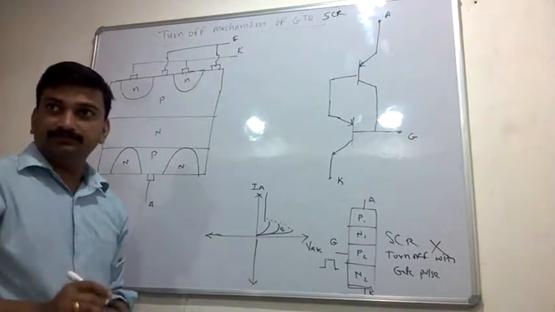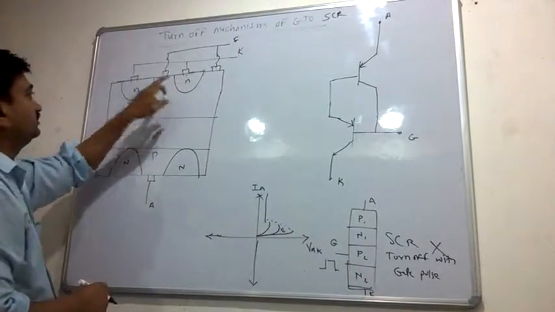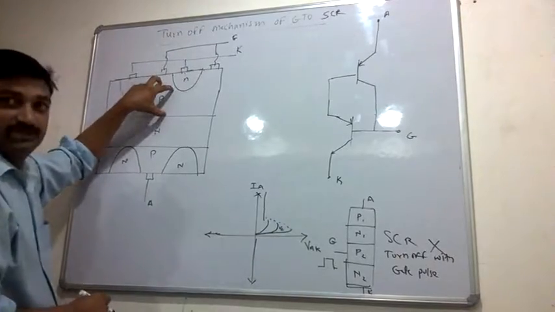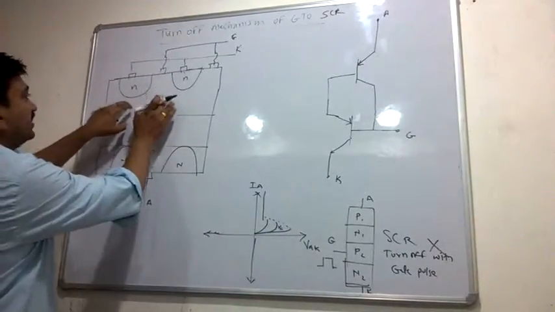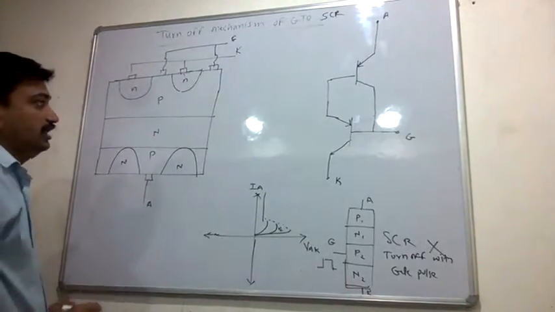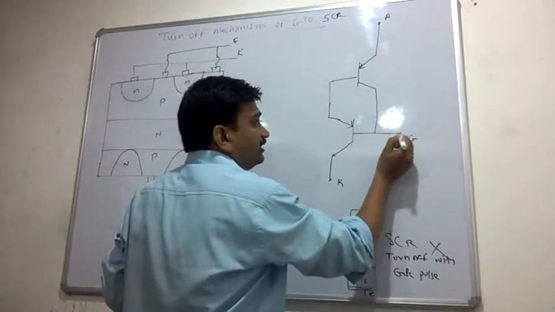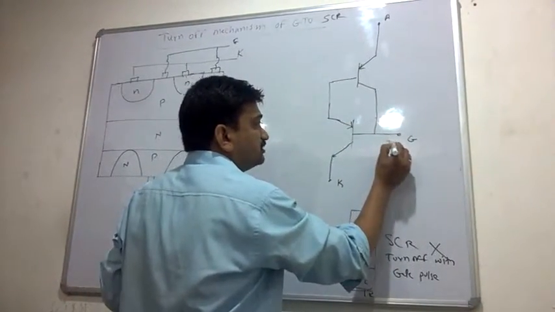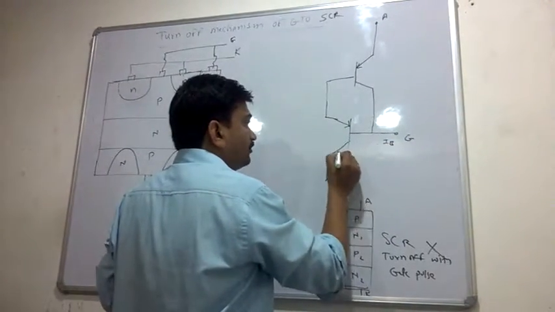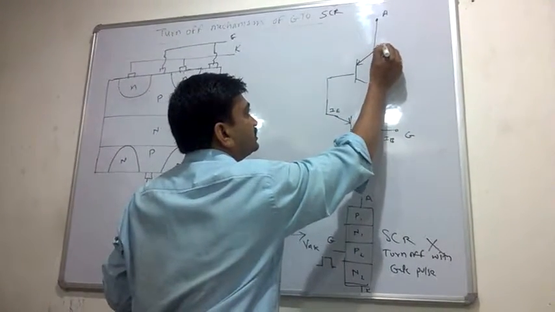So what is that mechanism? As the structure is here, you can see that this is the cathode. The cathode has a small region, the gate has a larger region. So that's why the gate can control the current according to the structure. And according to the two-transistor analogy, this is the base, IB, this is IE, and this is also IE.